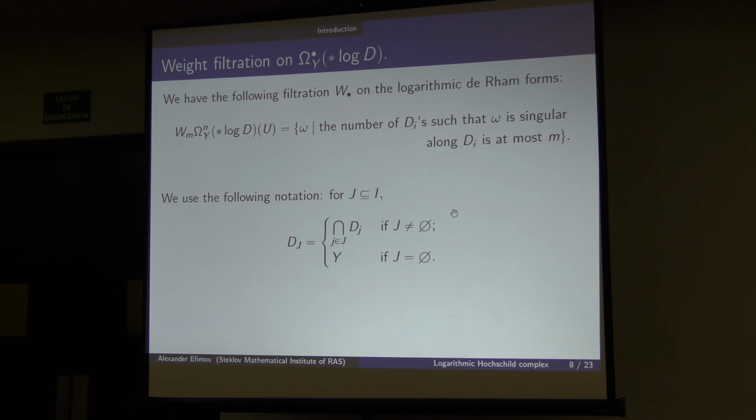If we have some subset J of divisors, then D_J is the intersection of these divisors, and if J is empty, then this is just the whole Y. Then the graded quotients of this filtration are given by direct sums of shifted de Rham complexes on these intersections. The corresponding projections are given by the residues.